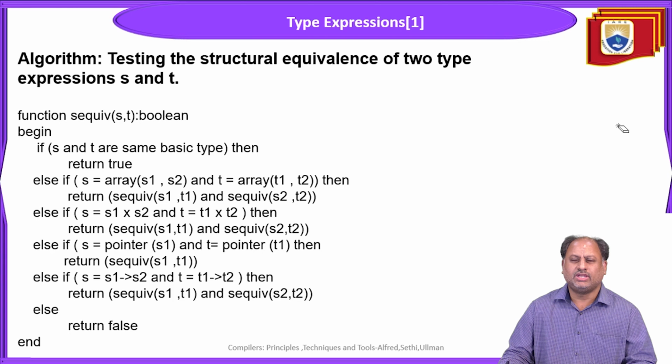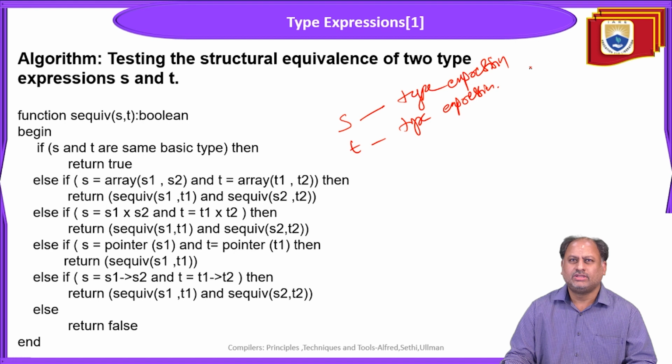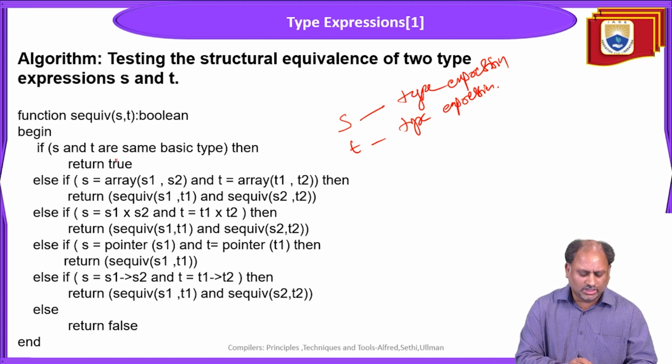We have also seen the algorithm for structural equivalence, and how these two cases can be handled. If S is one type expression and T is another type expression, this algorithm is very important. Whether two type expressions are structurally equivalent can be verified by checking whether they belong to the same basic type.